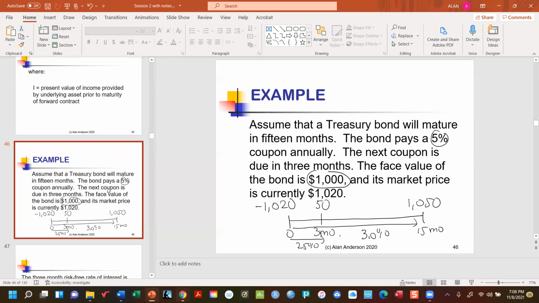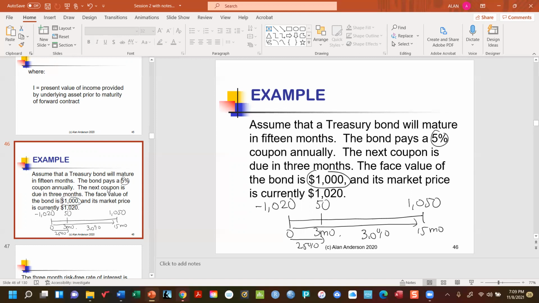So if you bought the bond today, at time 0, you'd pay $1,020 for that bond. In 3 months, you'd be entitled to collect the coupon payment of $50. A year later, you would receive the full face value of $1,000 plus one final coupon of 5% or $50.